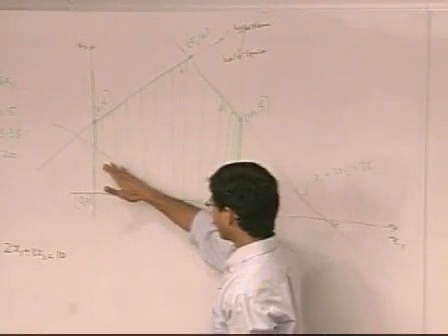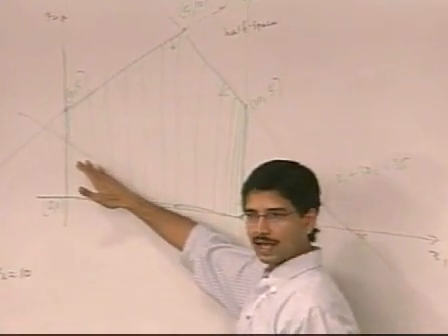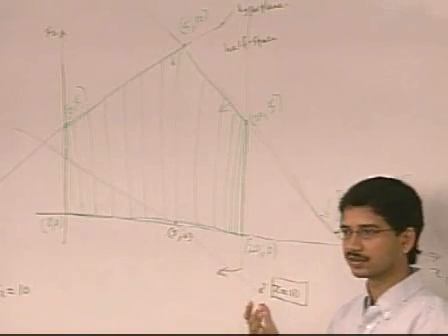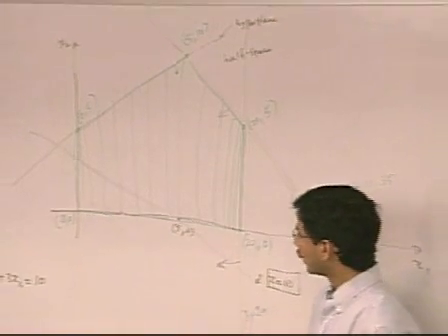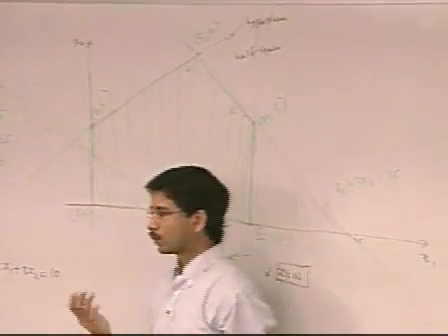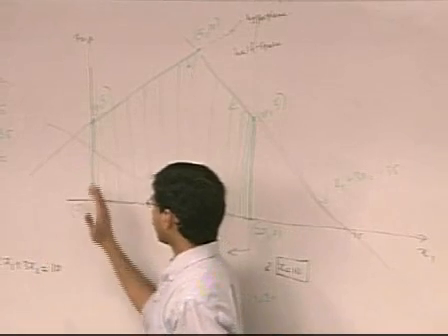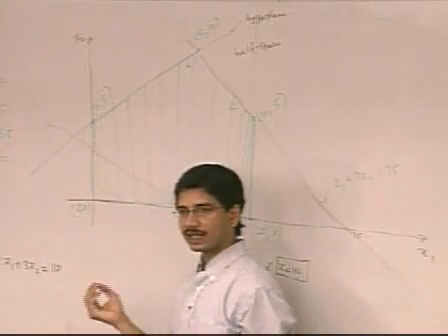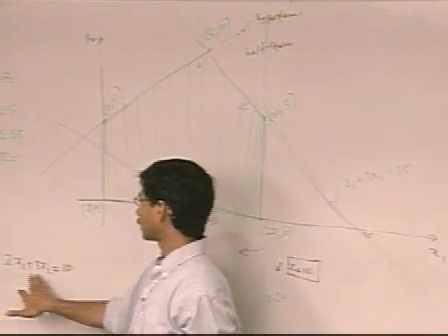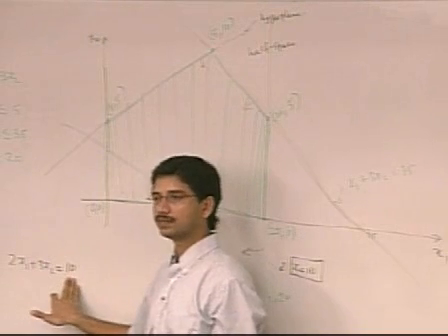So you can now think about taking this line and moving it in a direction in which the objective value increases. Now, why do we want to do that? Well, one way to solve this problem is to keep asking questions of the following form. Can I find values of x1 and x2 such that 2x1 plus 3x2 is 20?